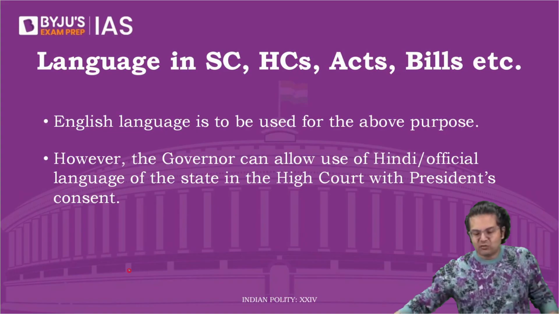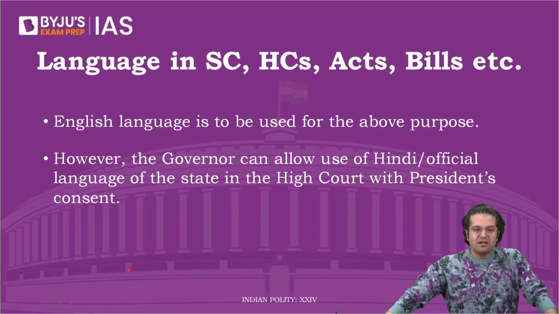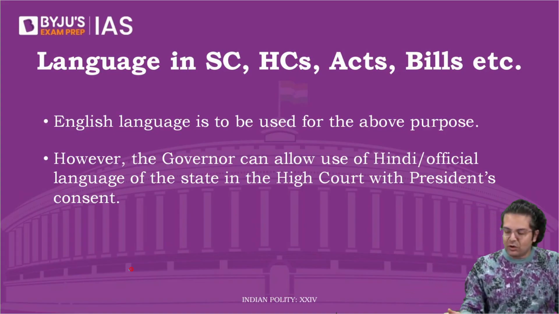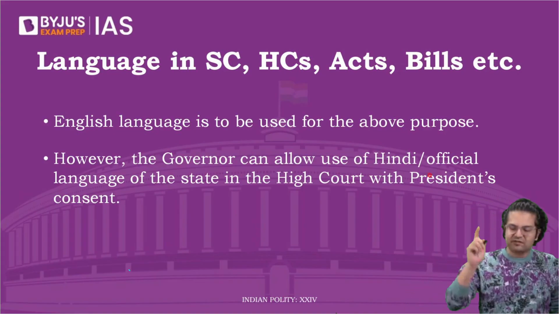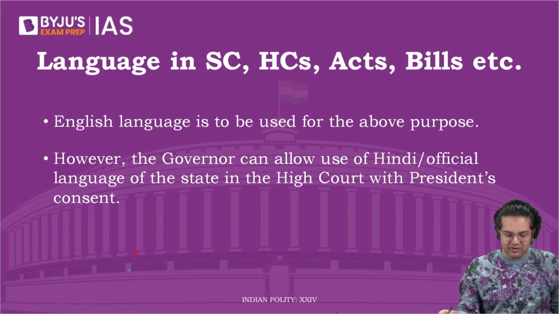Then this is Article 348, very simple and easy to understand. The language in Supreme Court, the language in high courts, acts, bills, orders, ordinances, everything. What is the language to be used? English. Right? But the governor can allow the use of Hindi or the official language of the state in the high court with the president's prior consent.